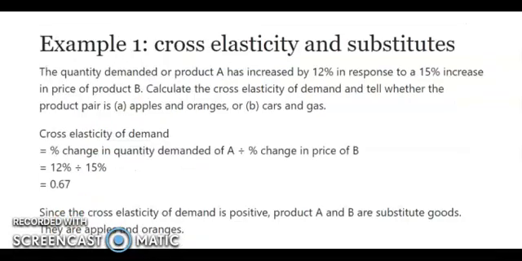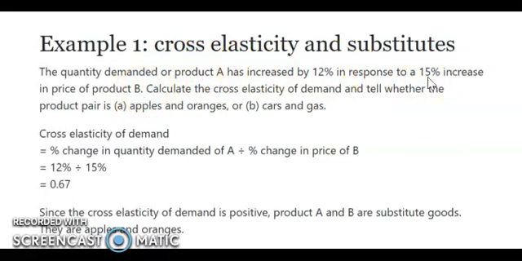In this example, percentages are already given. You don't need to calculate the percentage. The only thing we have to find is which type of cross elasticity it has. The demand for product A has increased by 12% and the price of product B has increased by 15%.